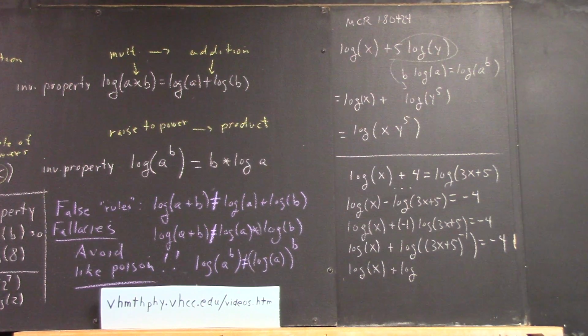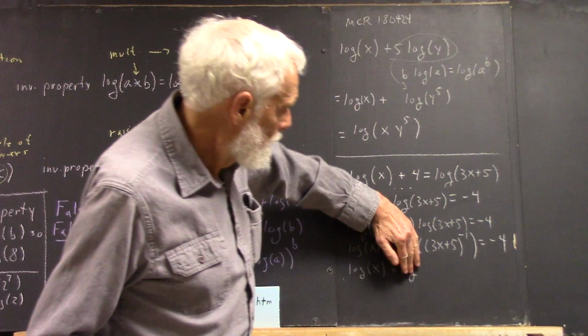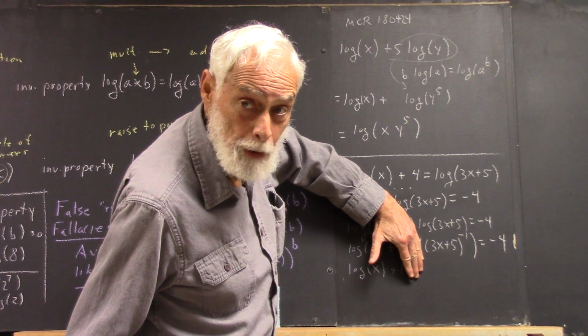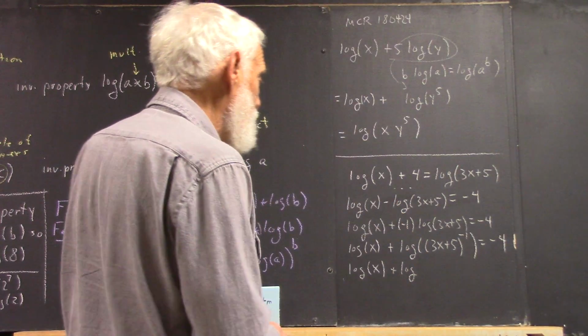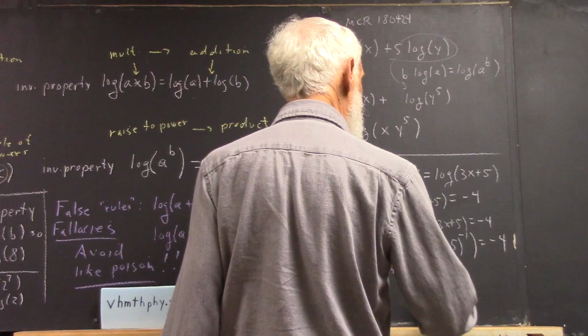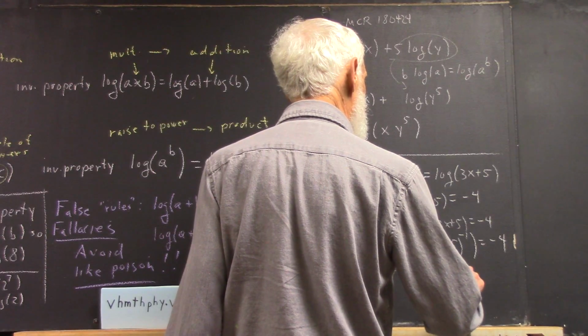So what's 3x plus 5 raised to the negative 1? We're not applying the log, we're just doing 3x plus 5 to the negative 1. Oh, so that's 1 over 3x plus 5. We still got the log, but the 3x plus 5 to the negative 1 is 1 over 3x plus 5.